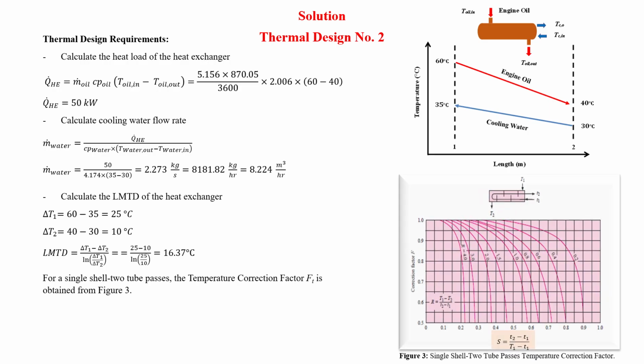Of course, because we are dealing with more than one pass for the tube side, we have two tube passes, then we need to get a temperature correction factor from the figure shown. The first step is to calculate R and S, and we take these two values and enter this figure. Then we will get the correction factor to be 0.93, and delta T mean equals LMTD times F sub T.